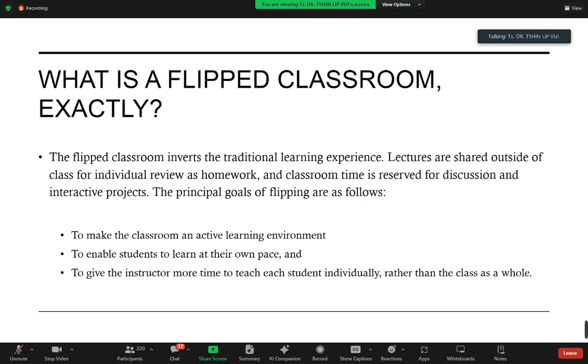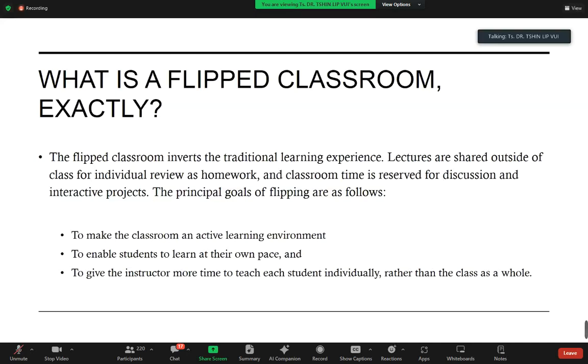Because the traditional learning system takes a lot of time to study the notes and the PowerPoint together, okay? But the flipped classroom enables the student to learn at their own pace whenever they are free and available to learn.